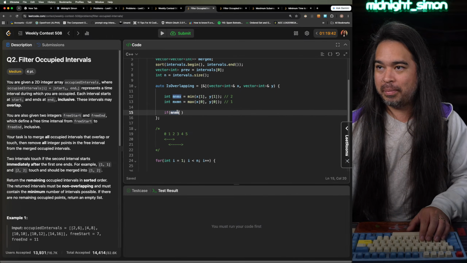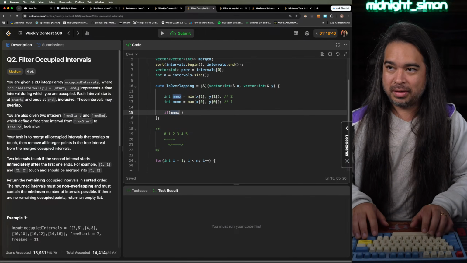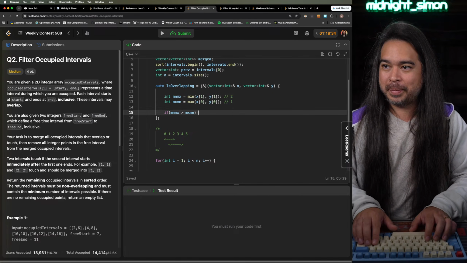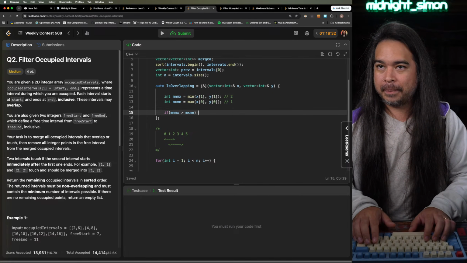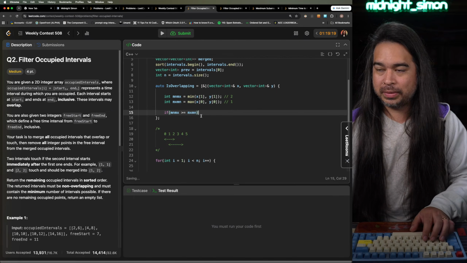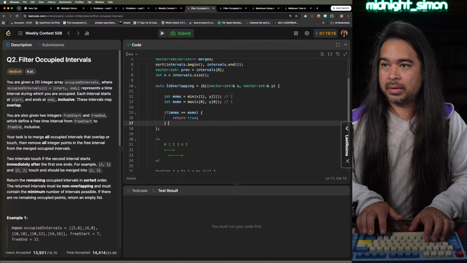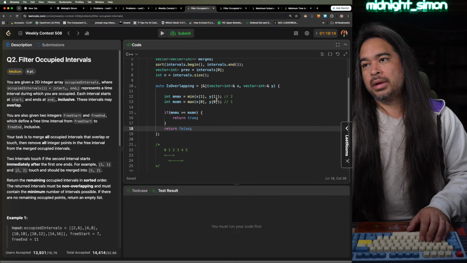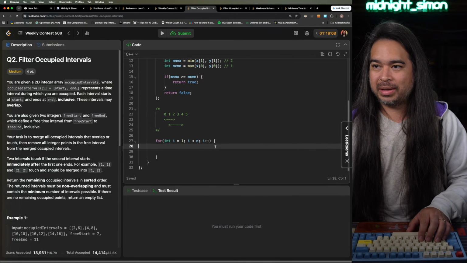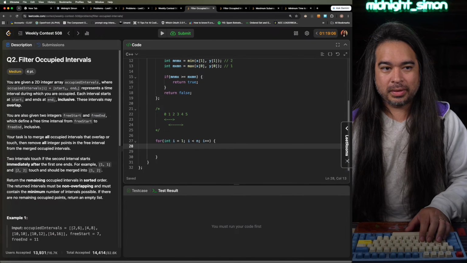So if the min of the max is greater than the max of the mins, then they overlap. But if they're touching, do they overlap? Alright, so if they're touching, if it's greater than or equal to, alright, I think that's how we check if it's overlapping.